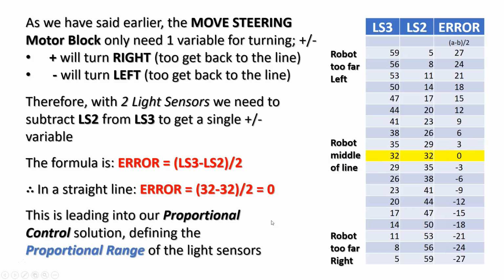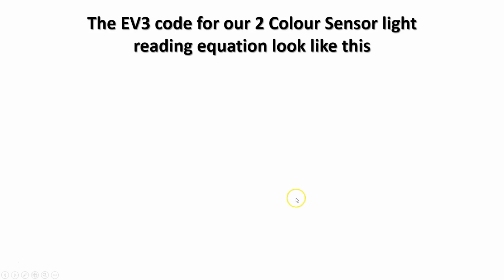This is called proportional control, and this defines the light proportion range of our light sensors. The code for our two color sensors is going to look like this.